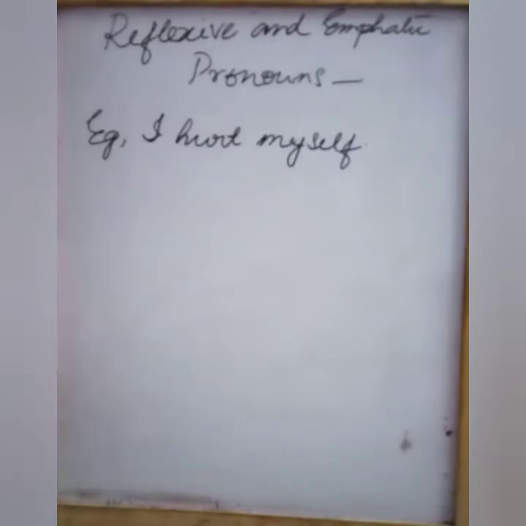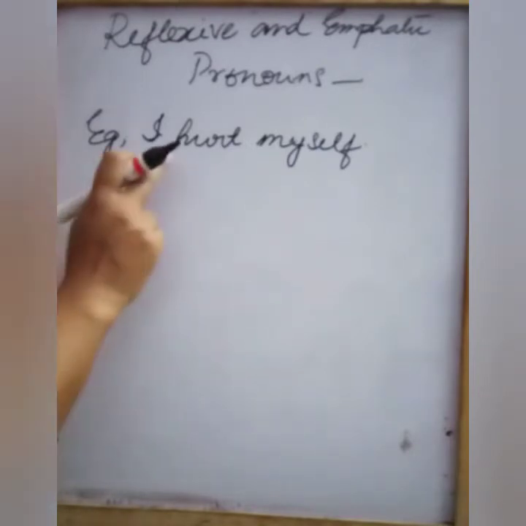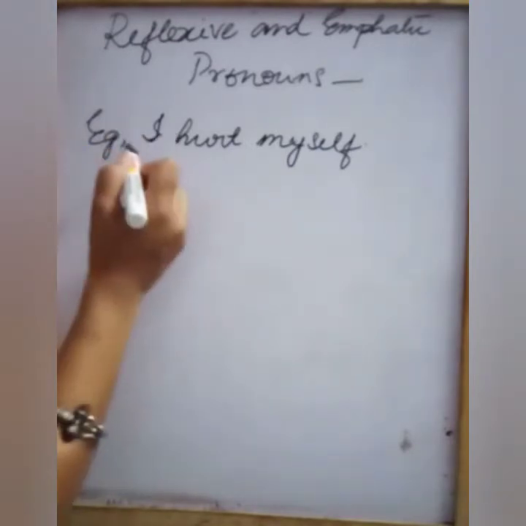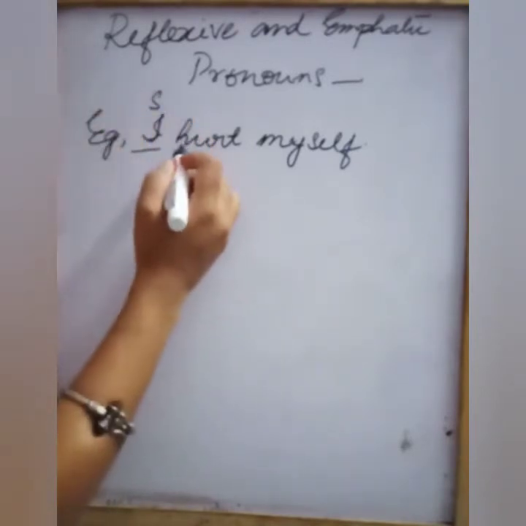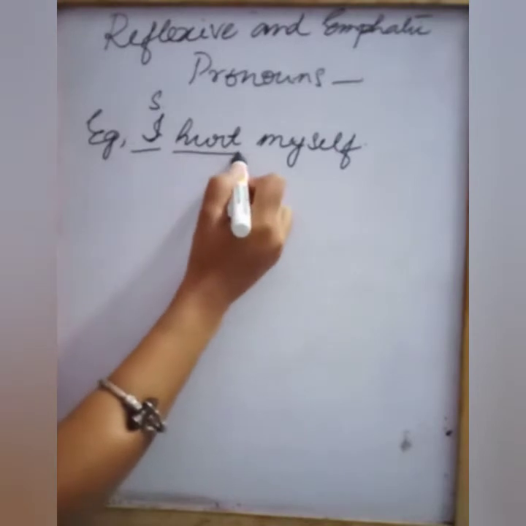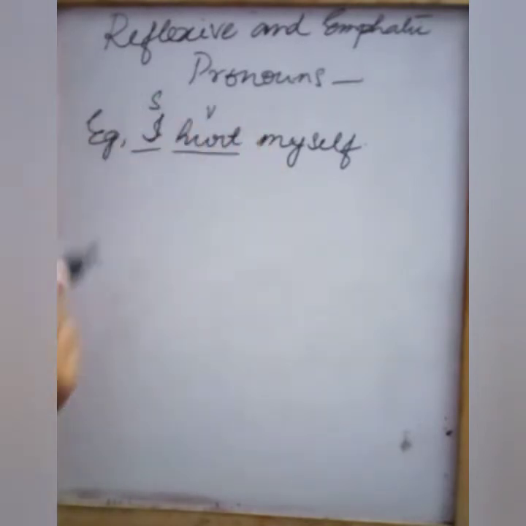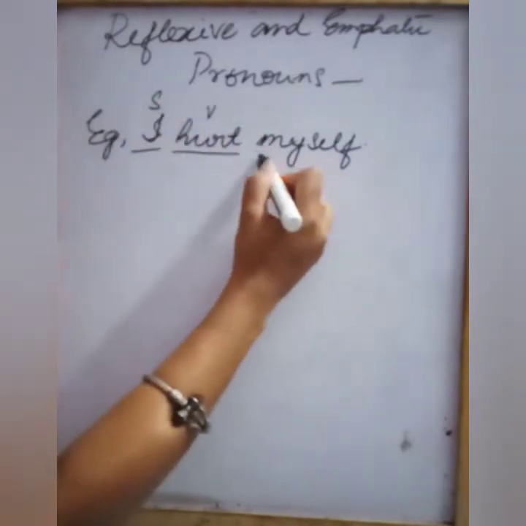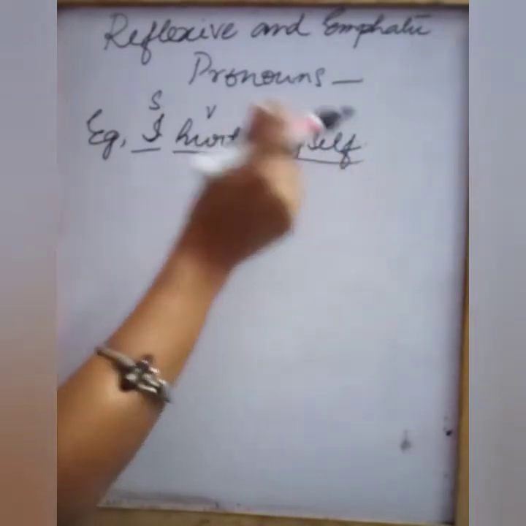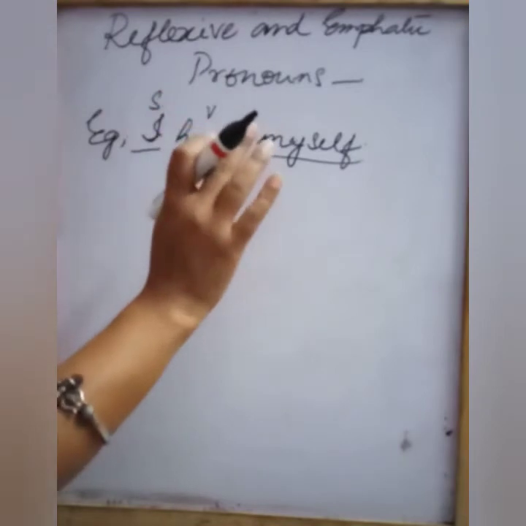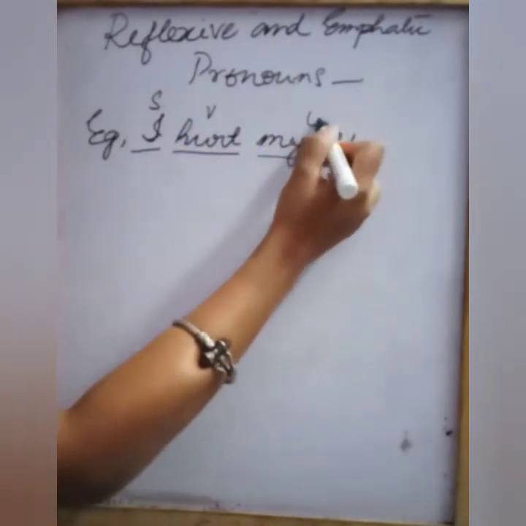Again in the predicate part there will be a verb as well as an object, isn't it? So in this sentence, which is the subject? I. This is the subject. So heard is the what? It is the action word. It is the verb. And myself. Now this word myself, here it is serving in the category of object. Okay, it is functioning as an object.